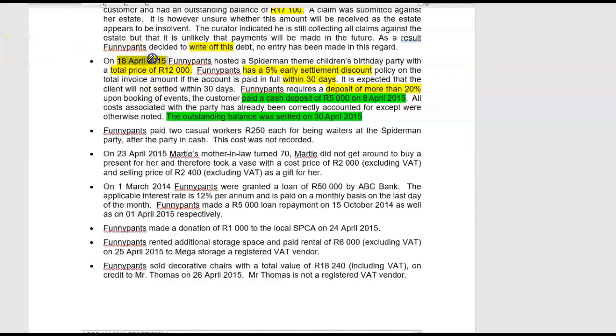Now, here are a few dates that is quite important. The first thing that happened was this deposit received of 5,000 Rand on 8 April. Now guys, you must distinguish between this type of deposit and a type of deposit that you can claim back. The type of deposit that you can claim back will typically be your water and electricity deposit with the municipality.